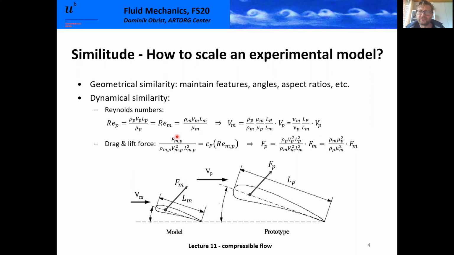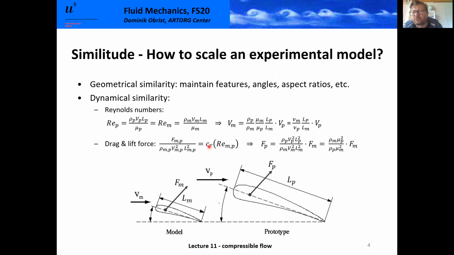Now, these forces, how do they correspond to the real forces in the actual commercial airliner? Well, again, we use Buckingham pi. You remember, hopefully, in one of the first problems that we solved, we showed that the force, I think in the problem we used the drag force, is related to a non-dimensional coefficient.